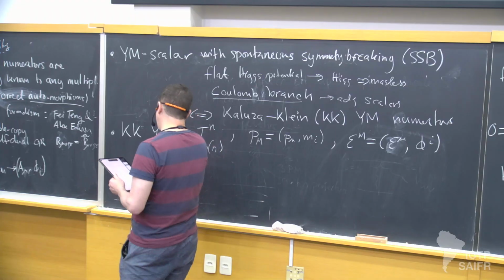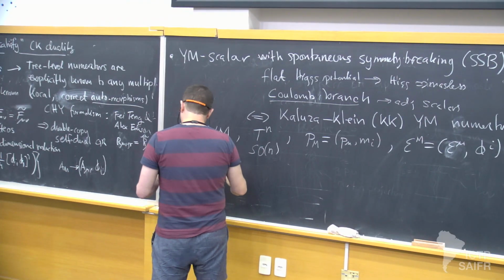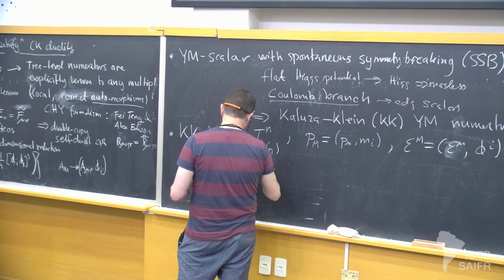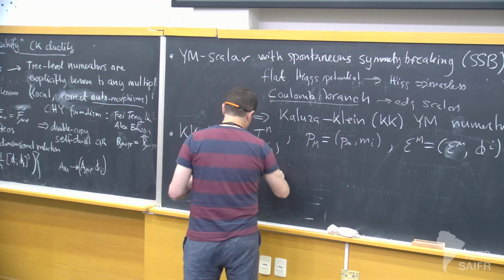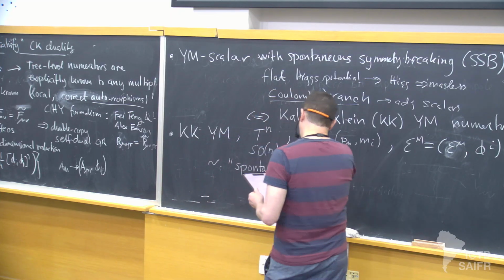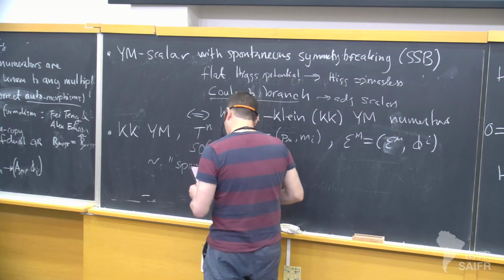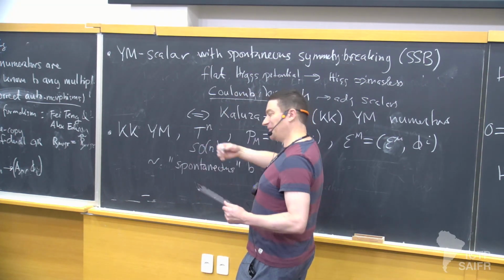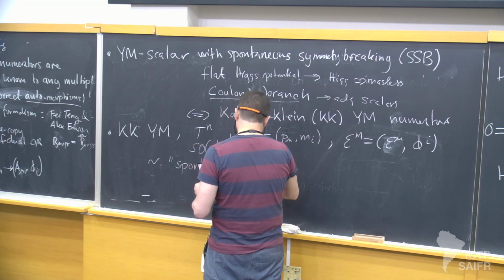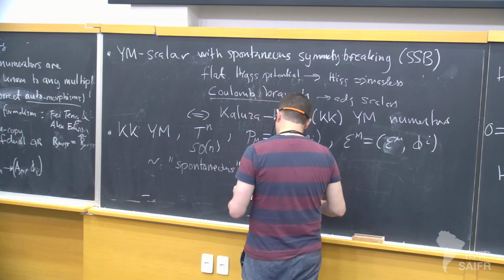And what's interesting about Kaluza-Klein is that you can think of this as some kind of spontaneous symmetry breaking. Let's put quotation marks around spontaneous, because it doesn't seem very spontaneous to me. I mean, I just did it, but let's call it spontaneous symmetry breaking of the Lorentz group.